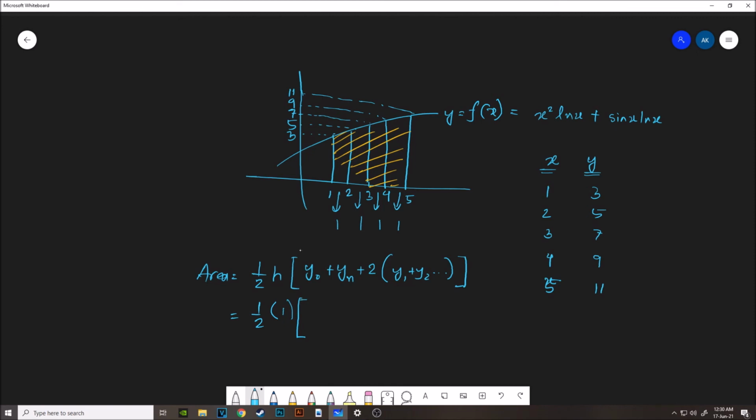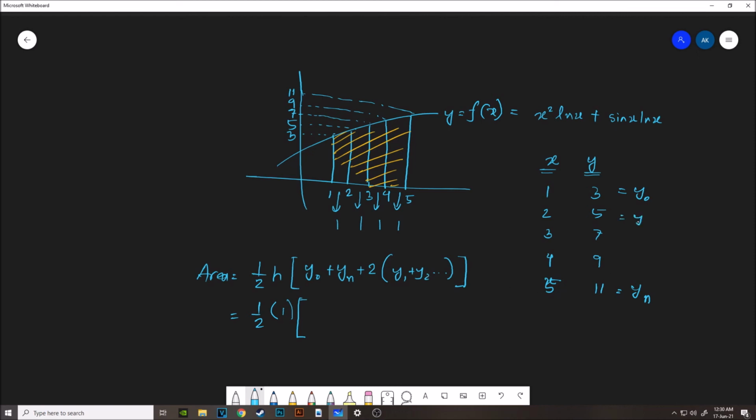Y naught is the leftmost value or the first value of y. So here the first value of y, that is the y corresponding to 1, is 3. So 3 is my y naught. Yn is the last value, that is for 5 I have a value of 11, so 11 is yn. And y1, y2, y3 and so on, these are the values in the middle.